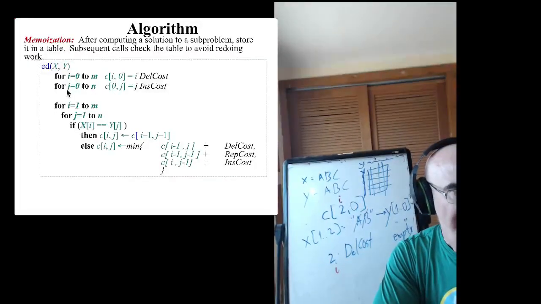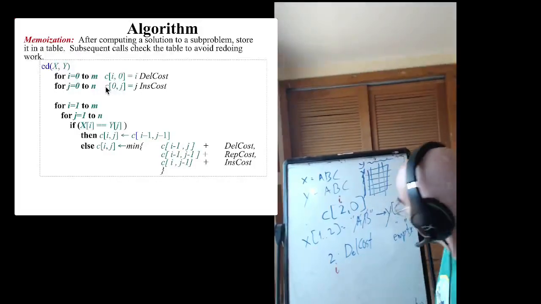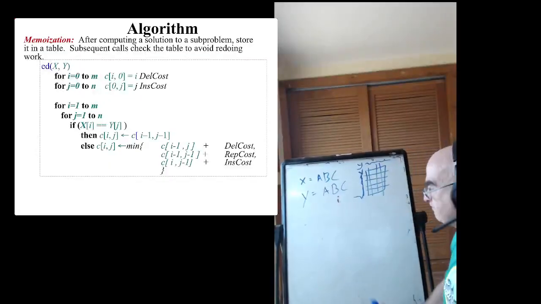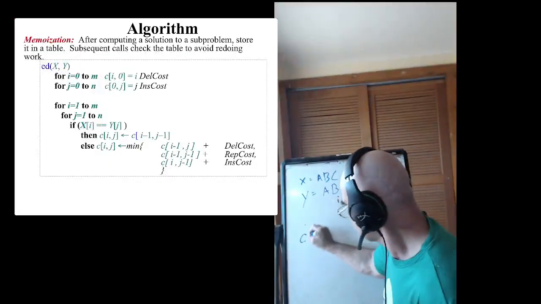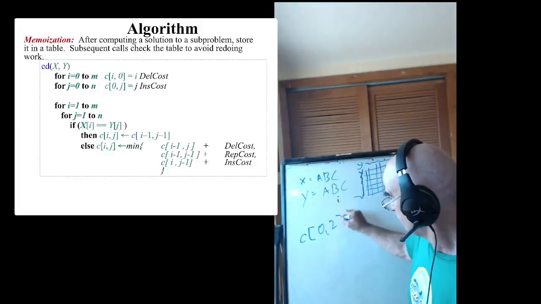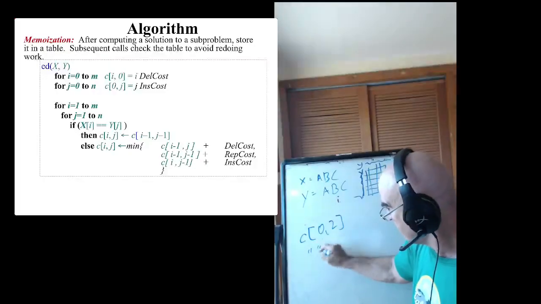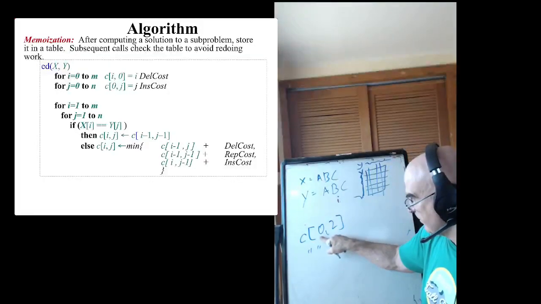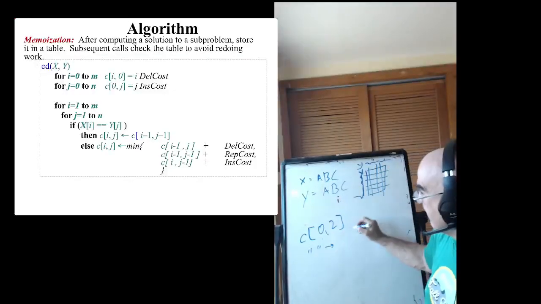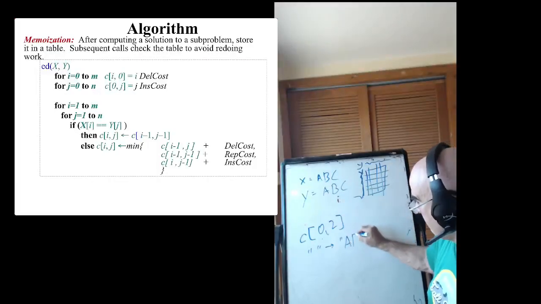And similarly, how can I get from an empty cell, in the very same example, what is C of 0, 2? Start with an empty prefix, the first 0 characters of x, and convert it into 2 characters of y, namely AB.